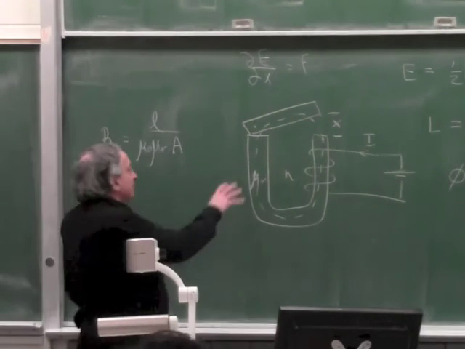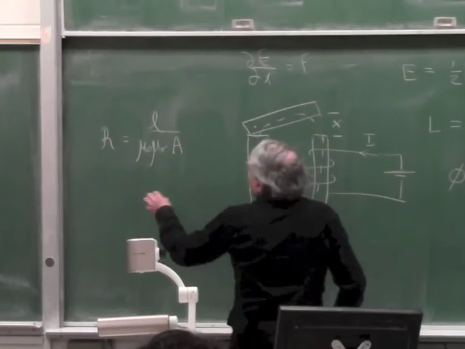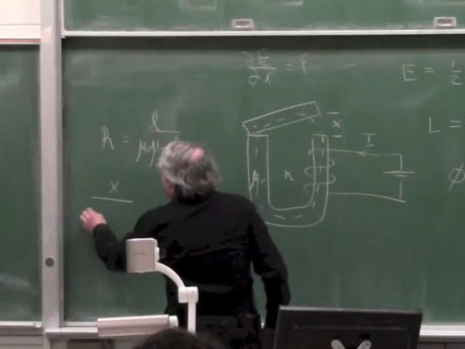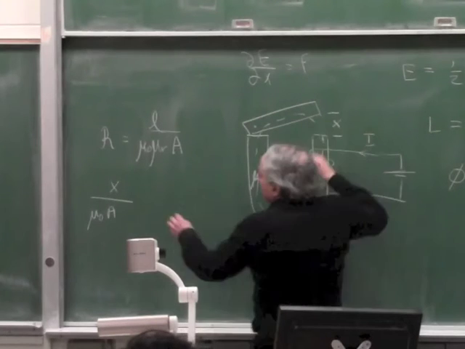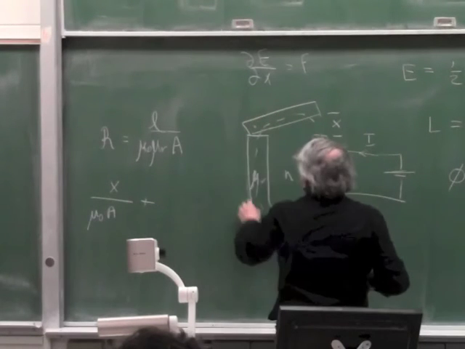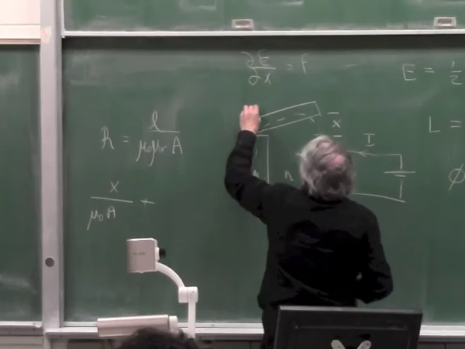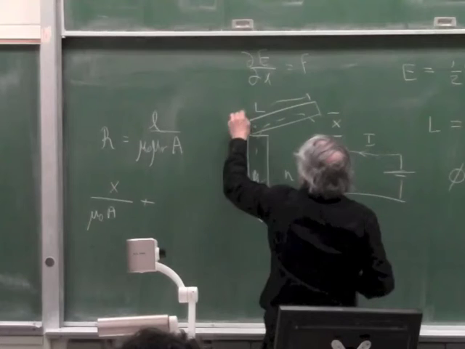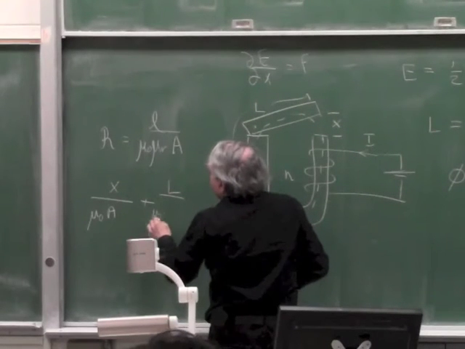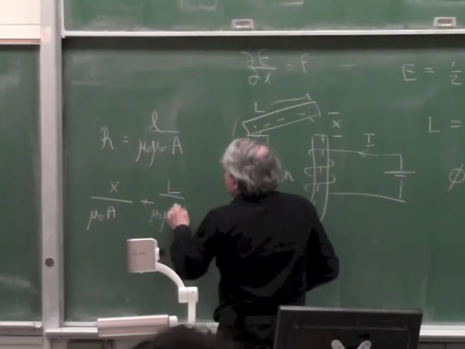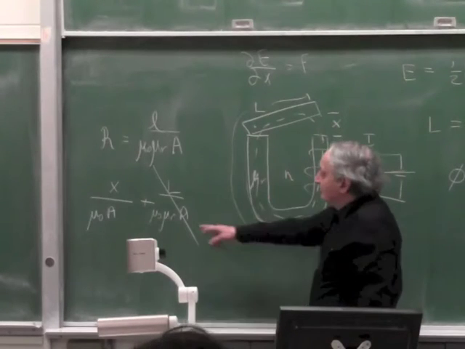So when we sum the two, x over mu 0 A, which is the air part, plus, let's call the total path through the steel L, L over mu 0 mu r A, we can ignore this part, because mu r is so big.